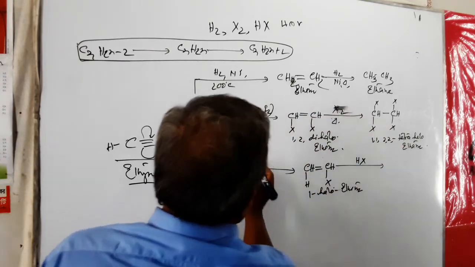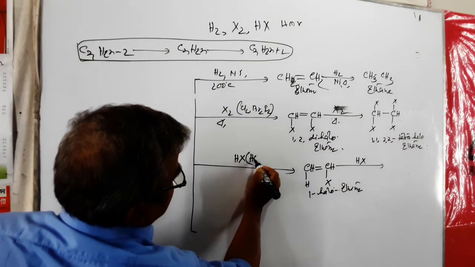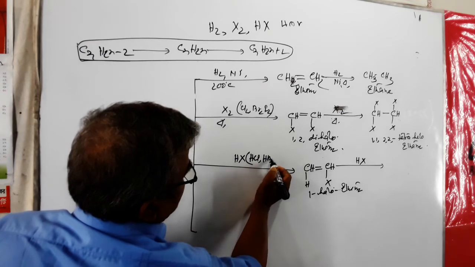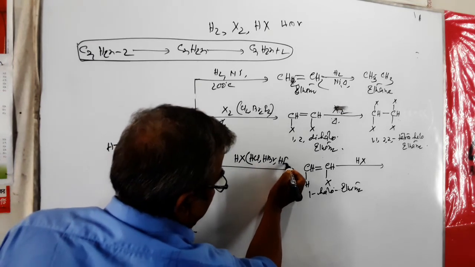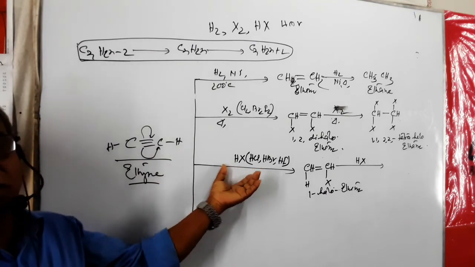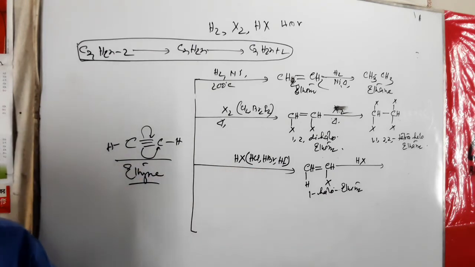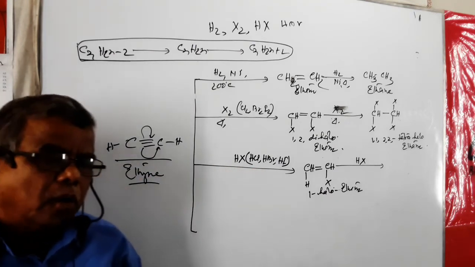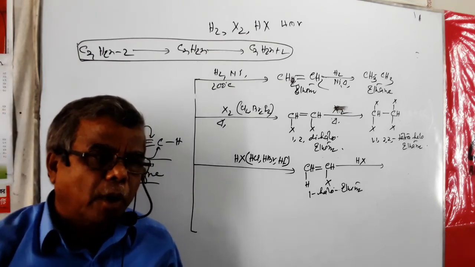HX, halogen acid, may be hydrochloric acid, hydrobromic acid, or hydroiodic acid. Generally, halogen acid combines with any kind of alkyne containing a carbon-carbon triple bond.